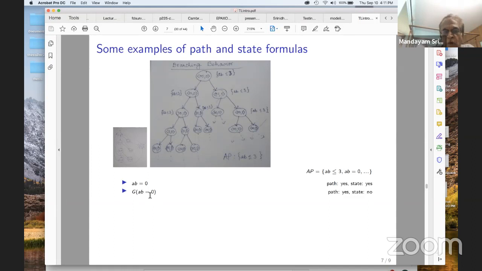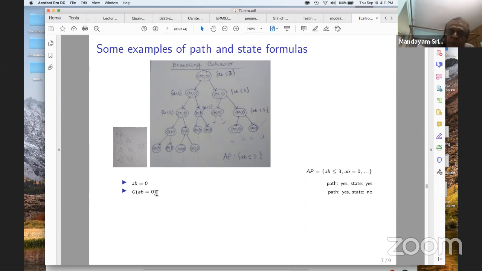So interpret my question that way. Obviously, there is a path, for example this particular path starting from this state. If you look at that path, on the right side, that does satisfy this.